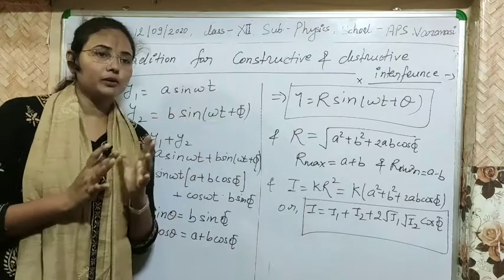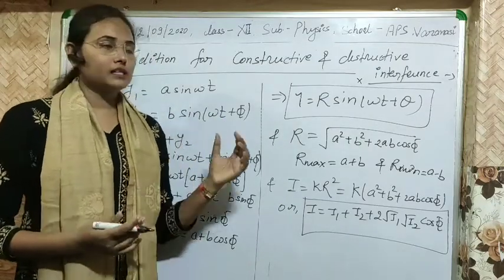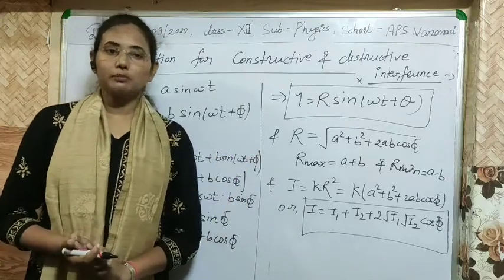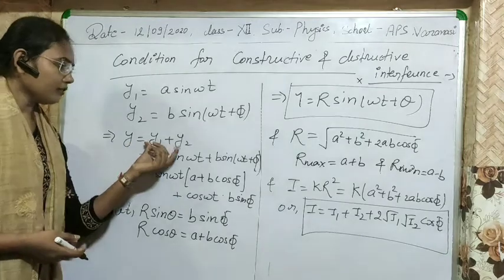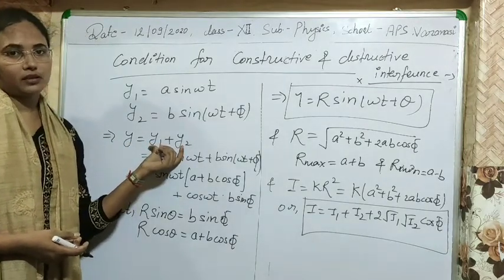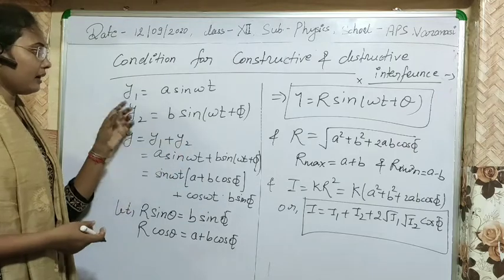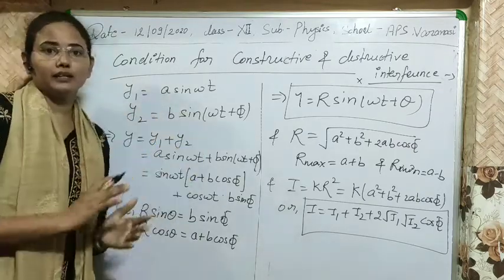After superposition, what will be the resultant displacement? We can easily find it by the superposition principle. What is the superposition principle? It is the algebraic sum of the individual displacements, and I am taking both waves propagating in the same direction.